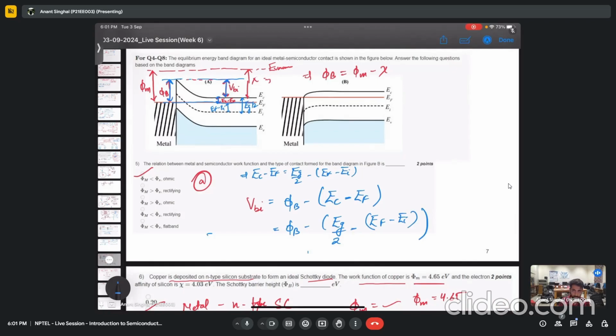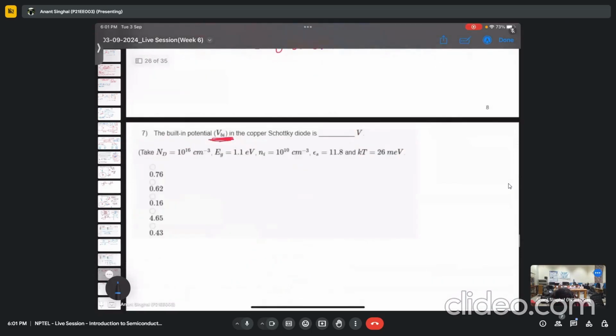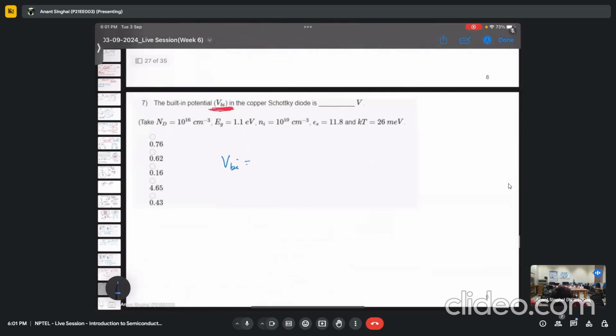If you are confused, please let me know right now. Okay, so if it makes sense, then the question is asking about VBI, which is phi B minus (EC minus EF), so phi B minus (EG by 2 minus (EF minus EI)).